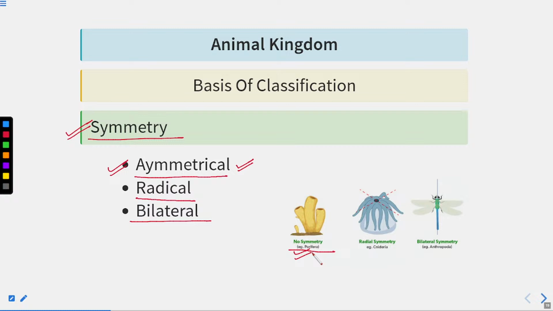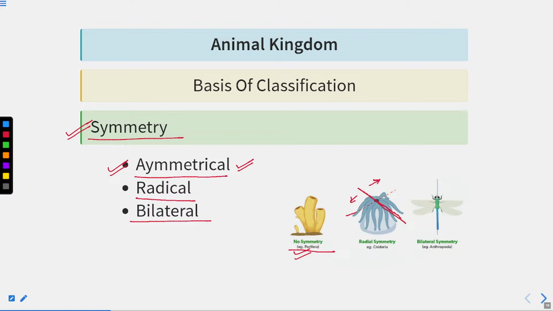For example, porifera. Now there are some organisms that you can divide by a number of planes. So if I cut this Cnidaria, right, jellyfish, from this line of cut, then it can divide this organism into two equal halves.